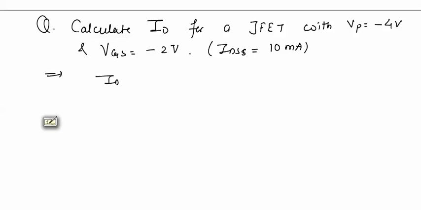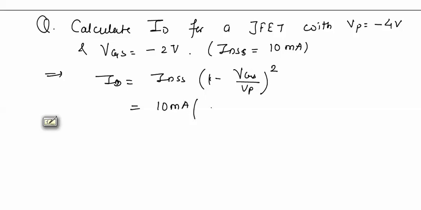Now drain current ID equal to IDSS into 1 minus VGS upon Vp, whole square. This equation can be used to calculate ID. IDSS is given 10 milliamperes, and 1 minus VGS is given -2 volt divided by -4 volt, whole square.